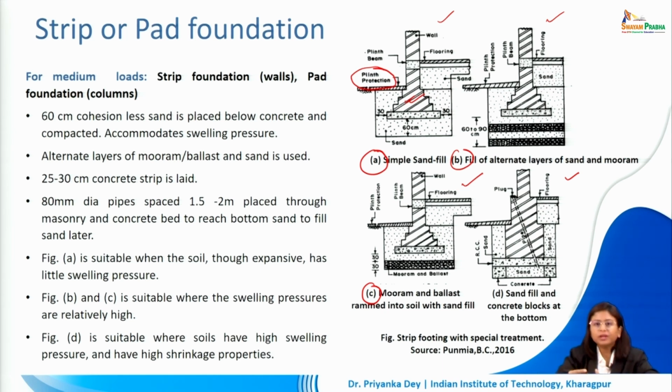Now in case we are dealing with a soil where very high swelling pressure and very high shrinkage properties are also there, in that case we can use sand fills and concrete blocks at the bottom. In each of these examples, we are going to introduce a pipe at regular intervals, starting from the base of the plinth area, so that we can keep adding sand over time.